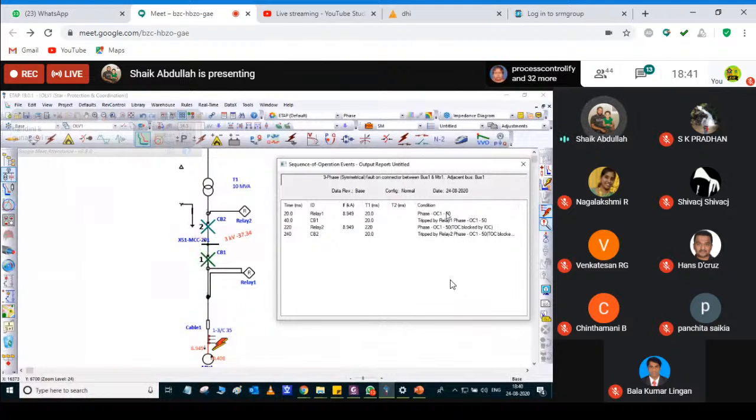So both relays operate on 50. Here the breaker operating time is 20 milliseconds, but sometimes the breaker operating time will be 40 milliseconds, which means this time will be increased. So a total of 240 milliseconds is enough for the fault to be cleared from my motor up to your transformer downstream. This is actually relay coordination.